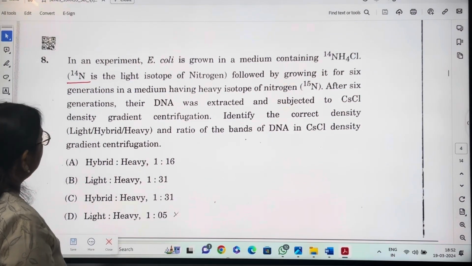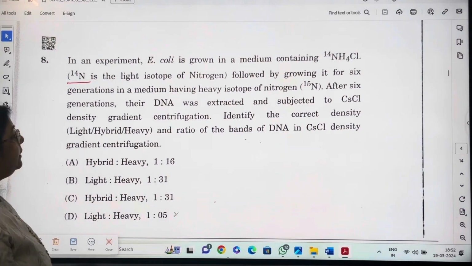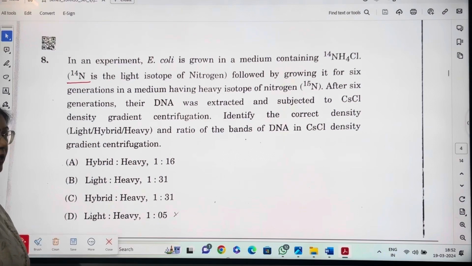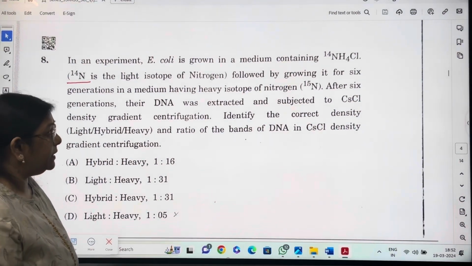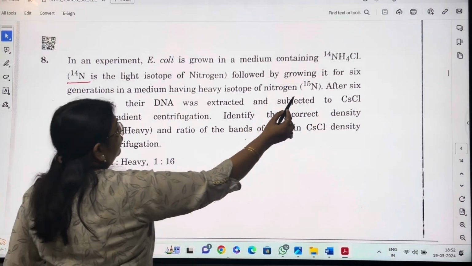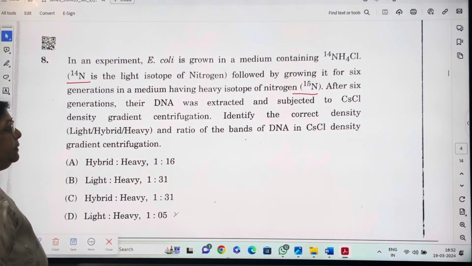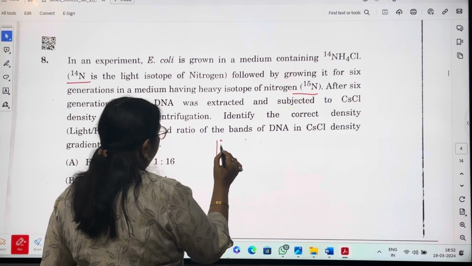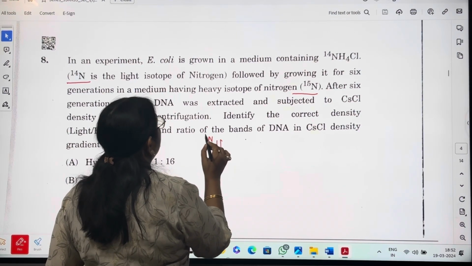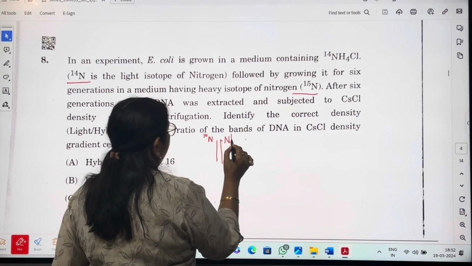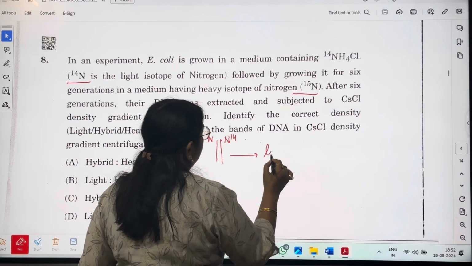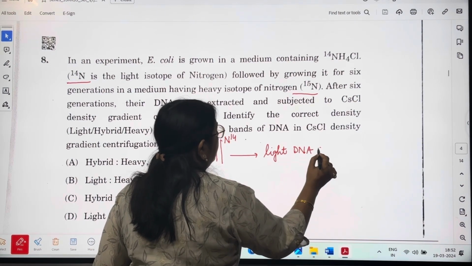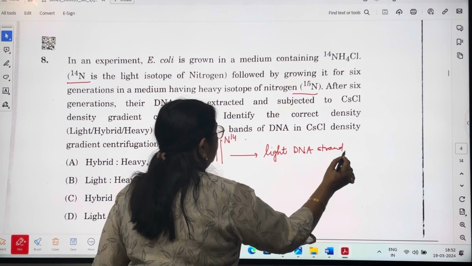Identify the correct density, light, hybrid, heavy, and the ratio of the bands of DNA in cesium chloride density gradient centrifugation. If you remember Meselson and Stahl experiment, both of these N14 and N15 were used in the nutrient medium. So, the first generation will be having this type of DNA strand, N14 type, and this will be the light DNA strand. So, this is the parental DNA.